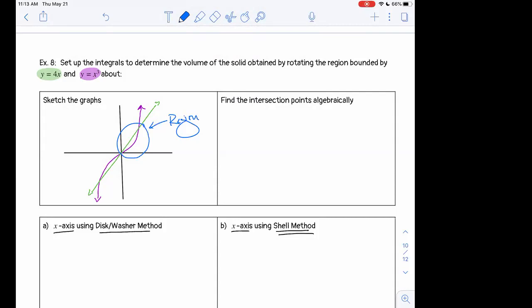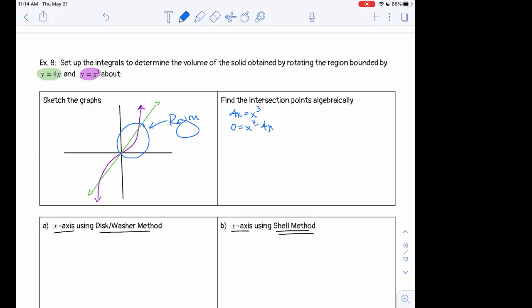Okay. So then let's find our intersection points algebraically. So I can say that 4x equals x cubed. And anytime I see some sort of polynomial, I really want to think, move everything to one side, set it equal to 0, and factor. Okay, so I'm going to move this 4x to the other side.